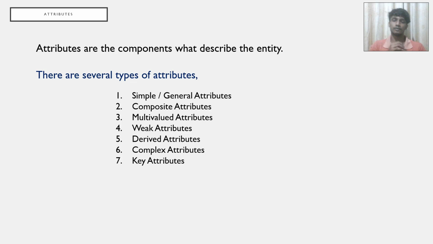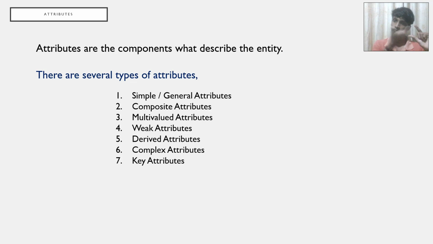Imagine our entity is student. So student is just an entity. Imagine name. Name of the student is an attribute of the student entity. So name describes the student, and age is also an attribute describing the student entity, and maybe they will have an address.